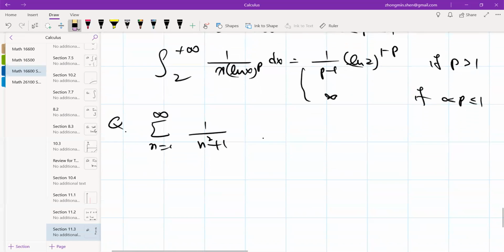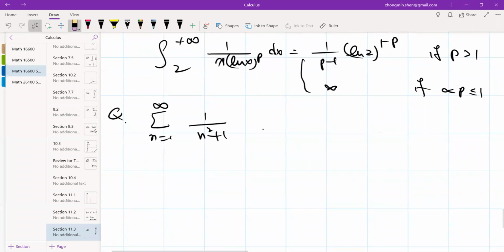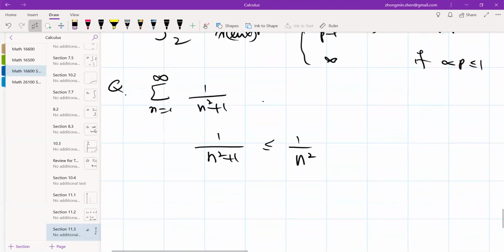But I'm not going to use a comparison theorem to show that. If you want to use a comparison theorem, it's obvious. The reason is 1 over n squared plus 1 is less than 1 over n squared, right? So you put a sigma, right?